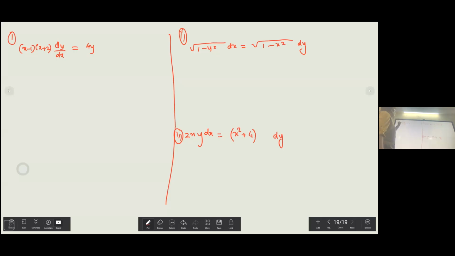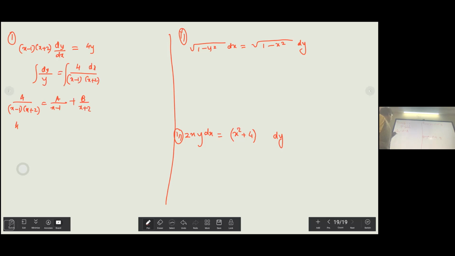Let's do the first one. Firstly, you isolate the variables. I take y to this side. So dy upon y equals 4 dx upon x minus 1, x plus 2. Before I integrate, you can see that there is a partial fraction involved here. So you express 4 upon x minus 1, x plus 2 as a upon x minus 1 plus b upon x plus 2.